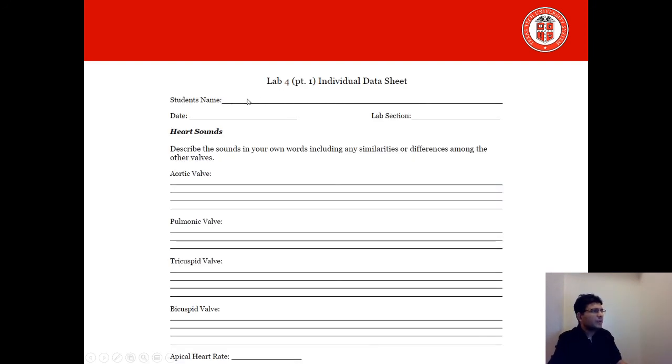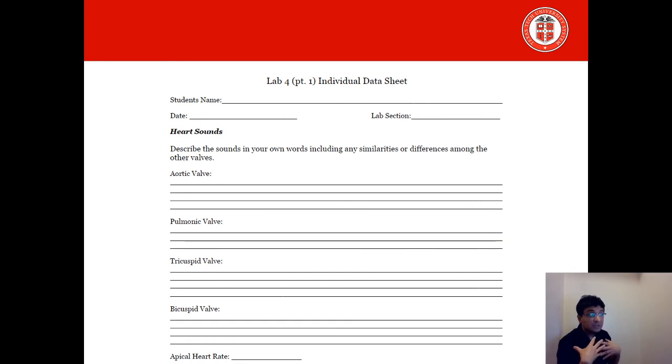So here you're going to fill in your basic details, and then, with your partner, once you are listening to the aortic, pulmonic, tricuspid, and bicuspid heart valves, I want you to write the sounds. For example, if you are listening to the aortic valve, write whether lub is louder or dub is louder.